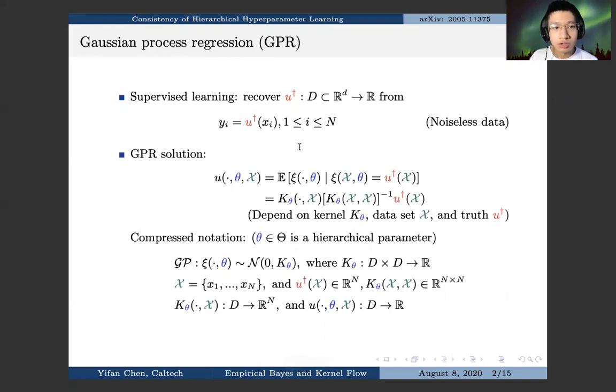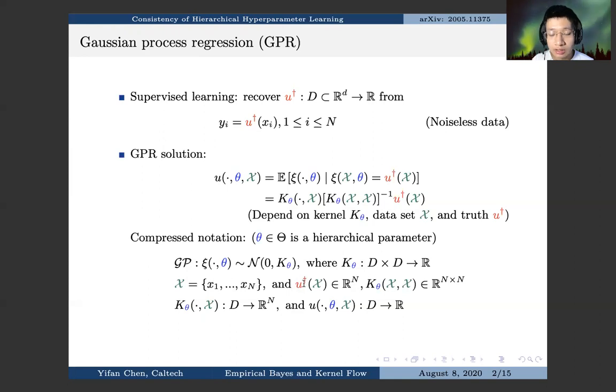The GPR solution to this problem is as follows. First, we give some compressed notation. We use psi dot theta as a Gaussian process with mean 0 and covariance k theta. Theta is a hierarchical parameter. K theta, being a covariance operator, can be seen as a function from D times D to R. We use the bold X as a collection of all data points, x1 to xn.